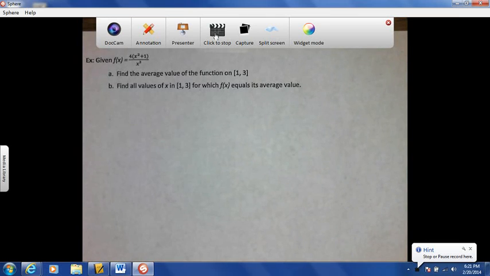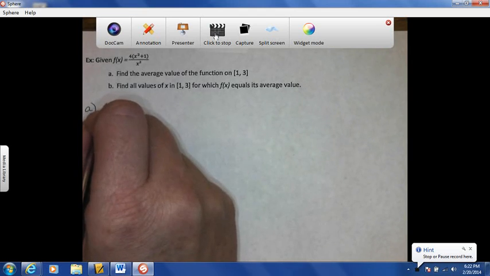Given that f of x is equal to 4 times the quantity of x squared plus 1 divided by x squared, part A, I want you to find the average value of the function on the closed interval from 1 to 3, and part B, find all values of x in that closed interval for which the function equals its average value. So the first thing we have to do is find that average value.